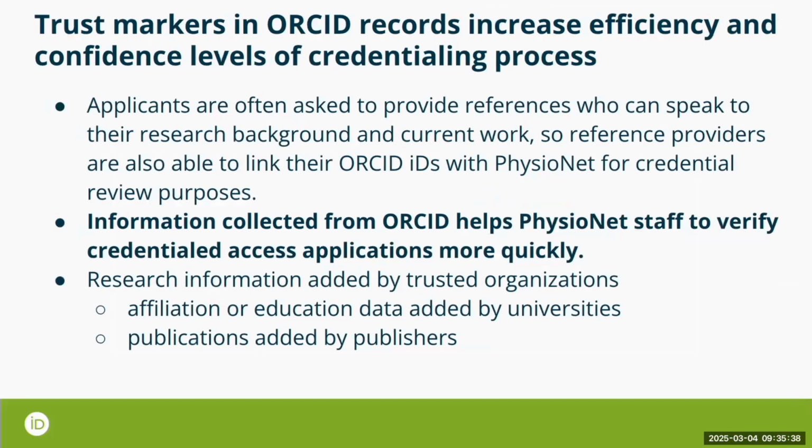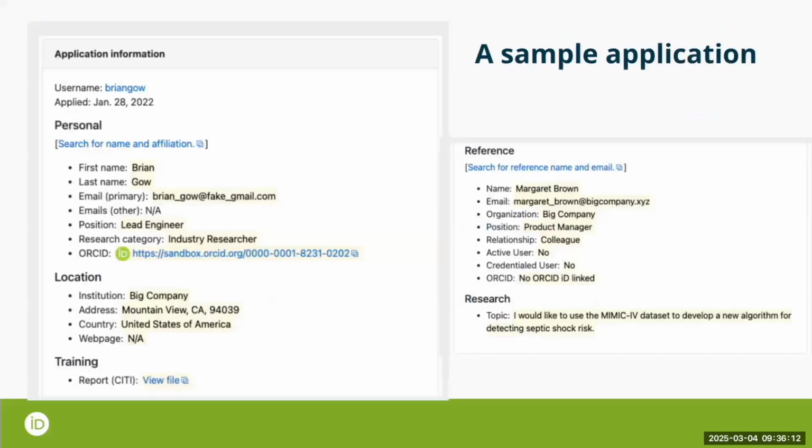And then information collected from the ORCID ID helps this organization and this platform, PhysioNet, so they can better verify the applicant's information, to ensure if they need to grant access, because this is a kind of medical restricted repository, so they can decide whether this applicant is qualified to use this repository. So trust markers ensure increased efficiency and confidence level of their services. So this is a way they include ORCID ID and different information they use.